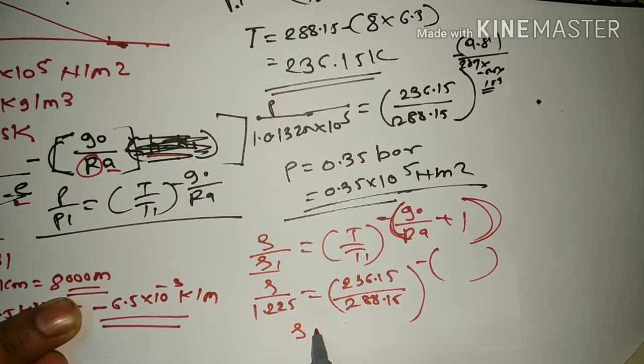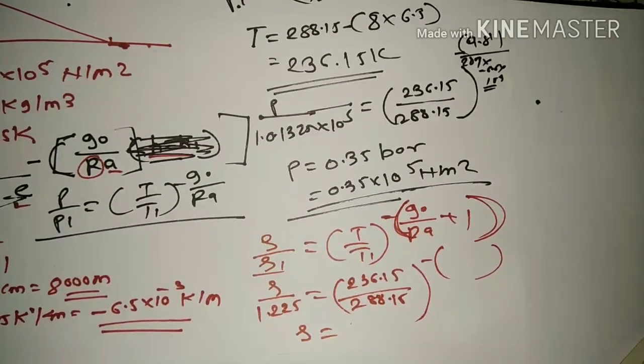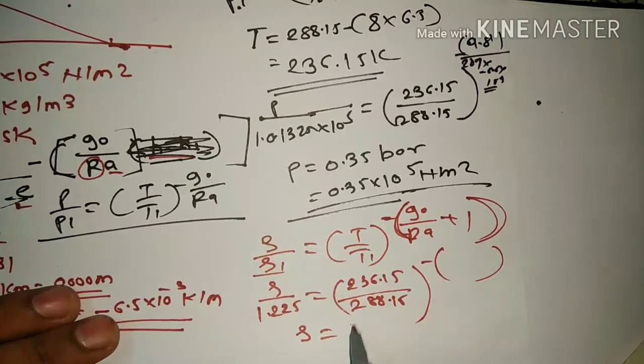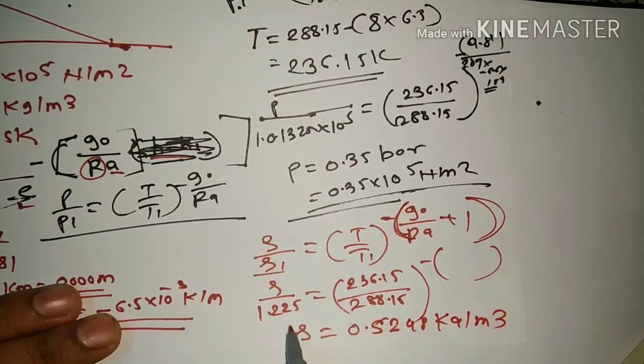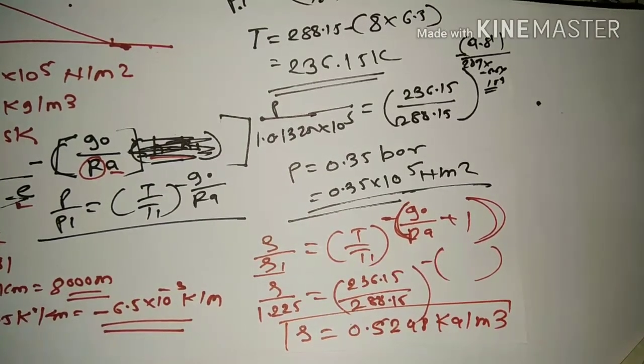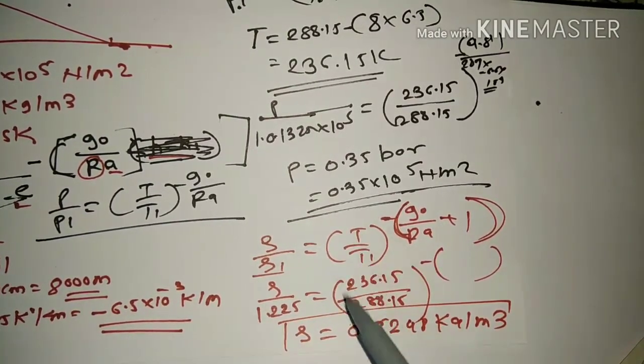So the density will be 0.5248 kg per meter cube. Okay, this is the density. So we can easily calculate the pressure and density.